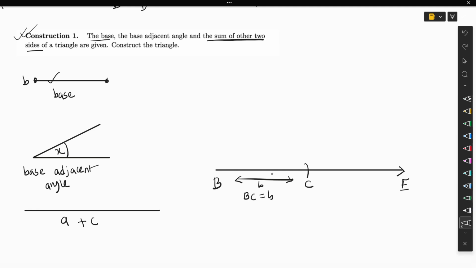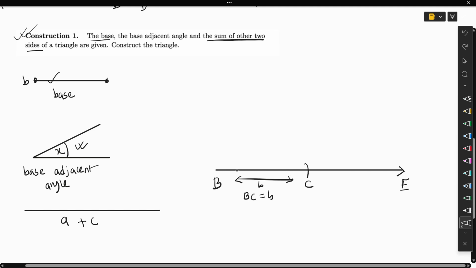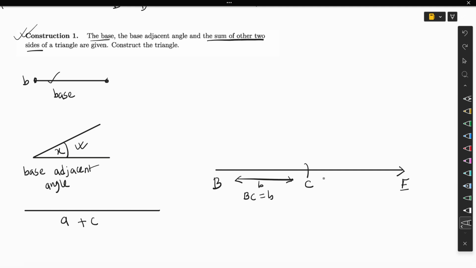Now we will draw this angle x at any point. It can be point B or point C, it's up to you. I'm going to take it at B. You can try it with C. So how do we draw an angle? First we take any arc length measurement and copy it here.